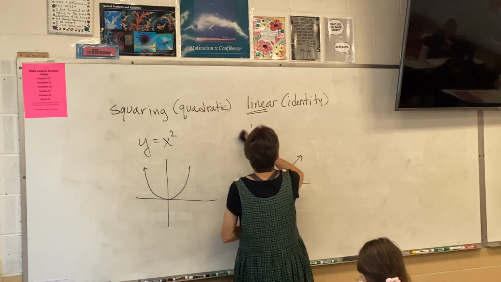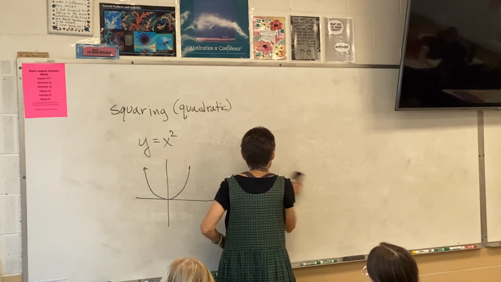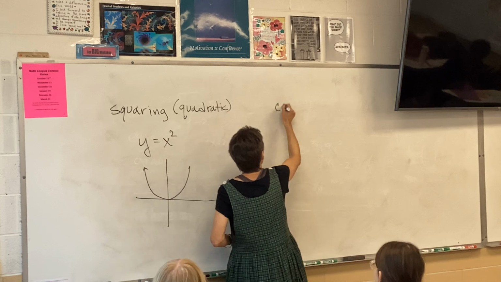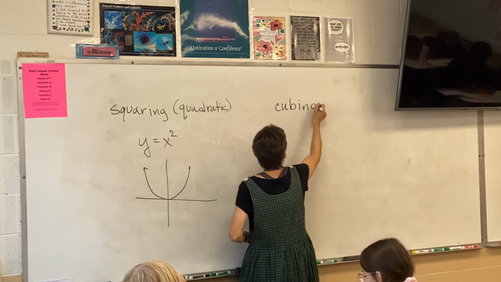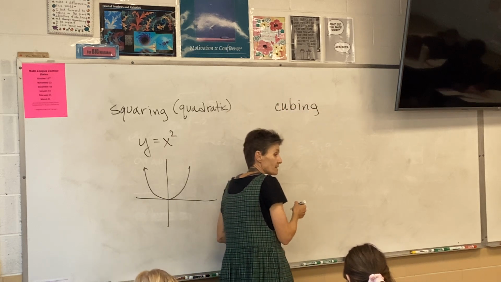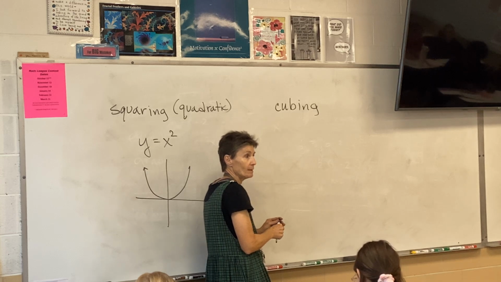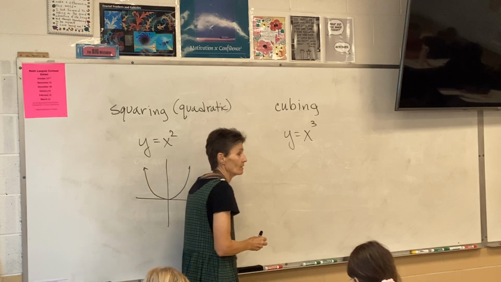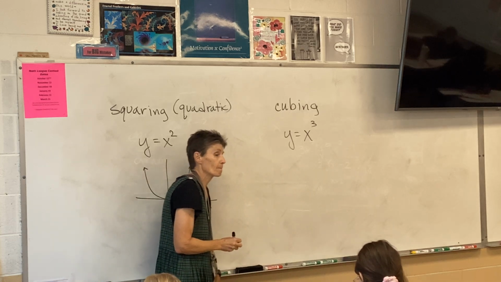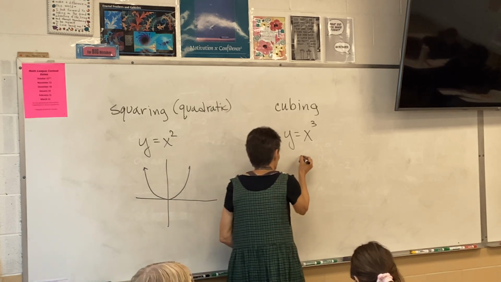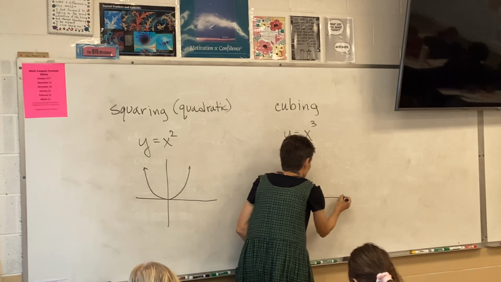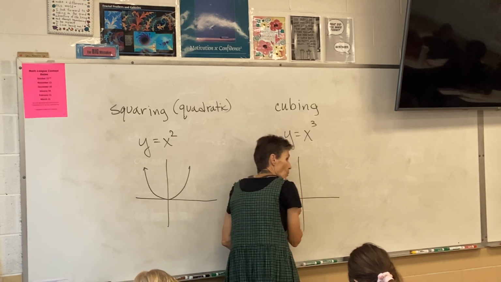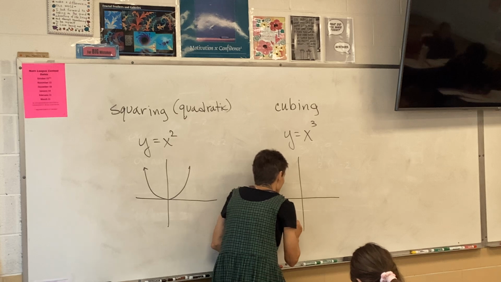We have the cubing function. Want to take a stab at what its equation might be? Y equals x cubed. X to the third. There it is. This one's a little tricky to draw, so watch me as I draw it.